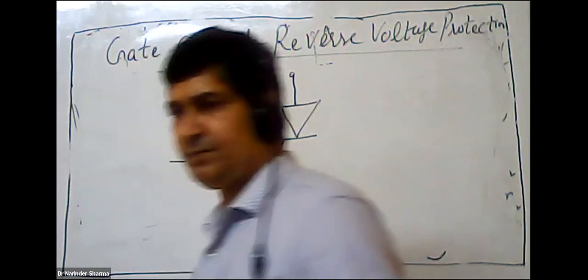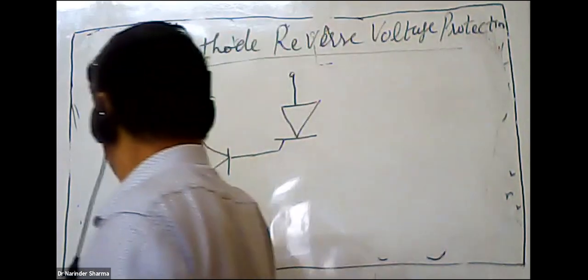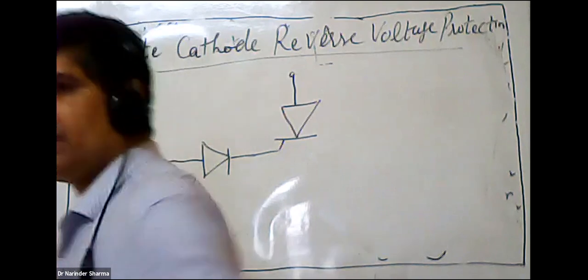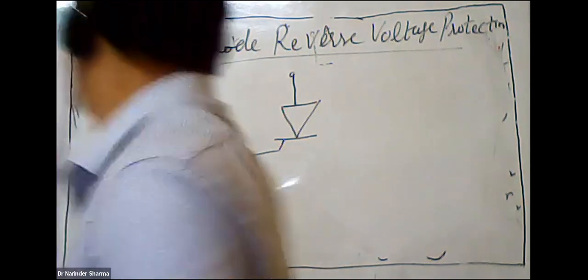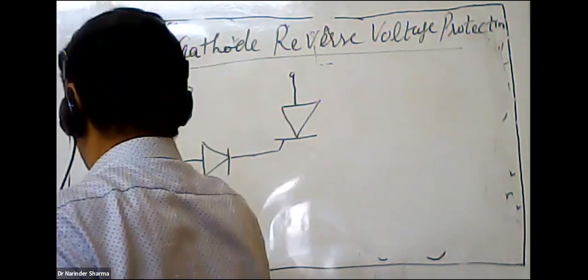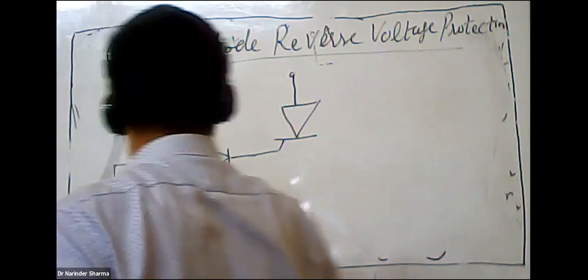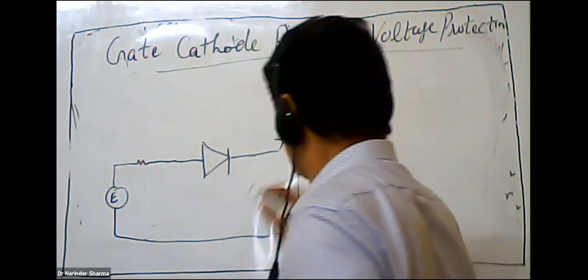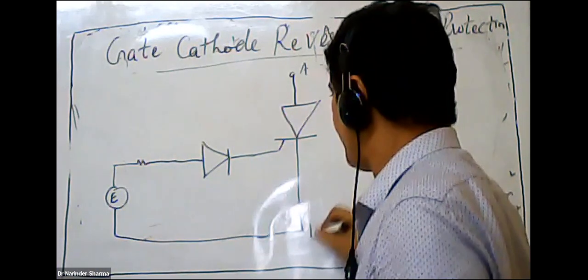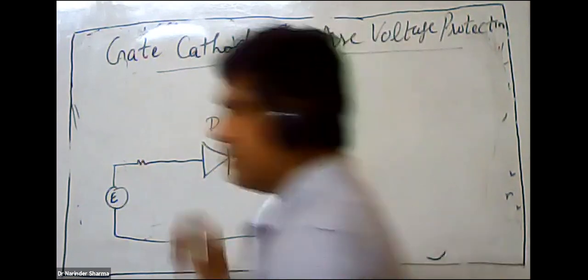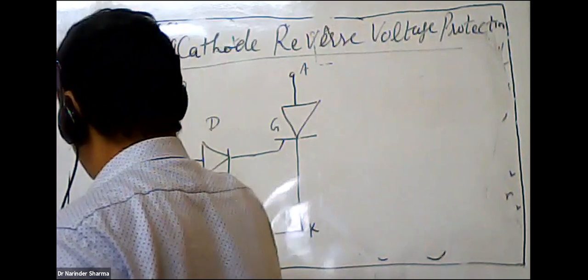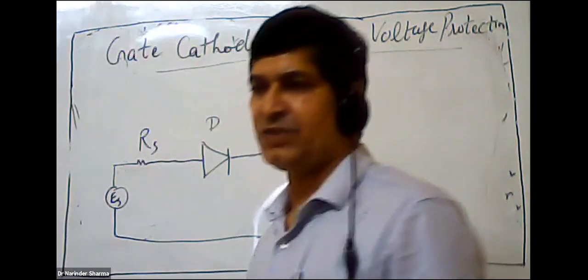A diode is used here, with resistance and supply voltage. This is anode, cathode, gate, diode, resistance, and supply voltage has been applied.